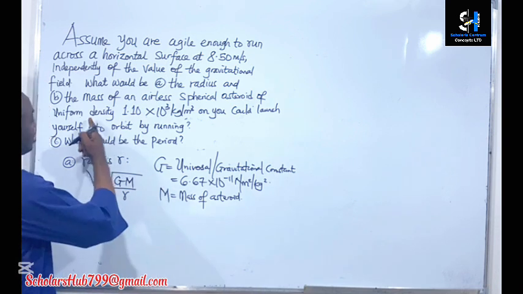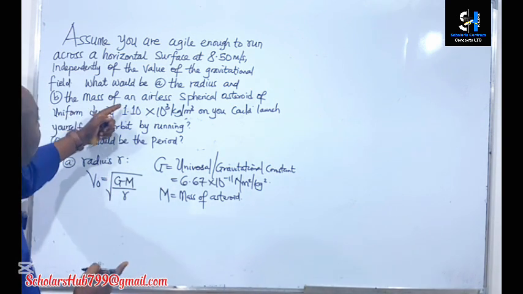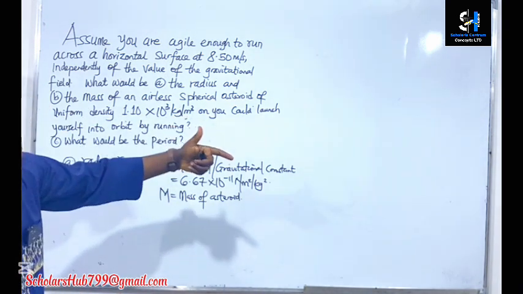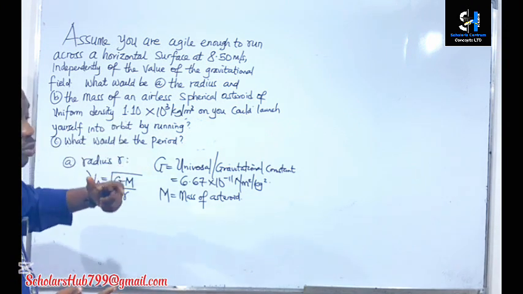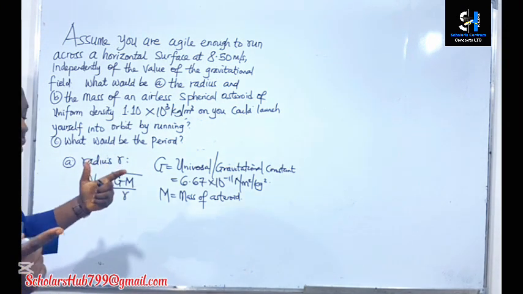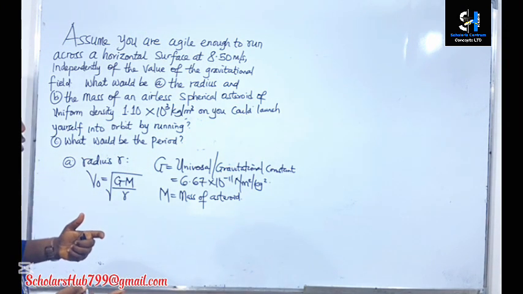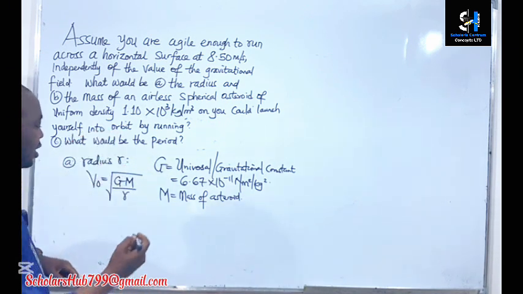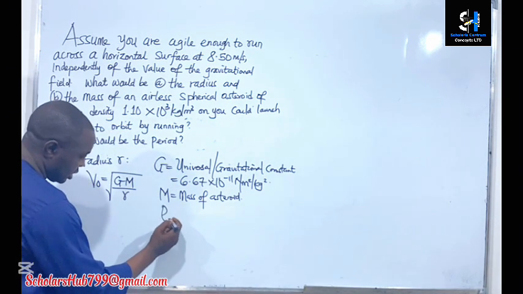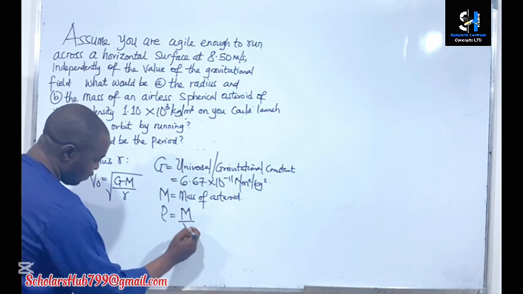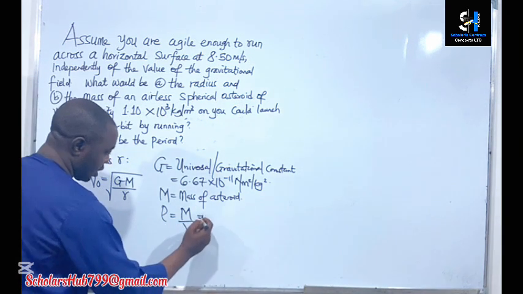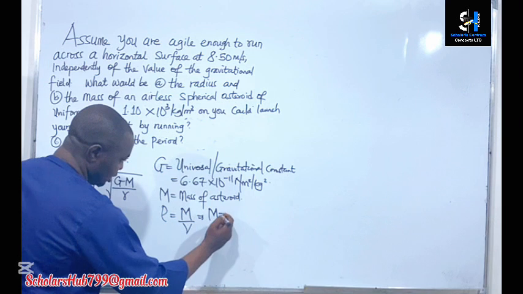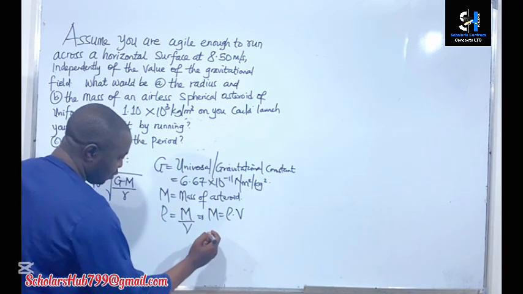But let's not forget that we are given that the asteroid is spherical with uniform density 1.10 times 10 to the power of 3 kilograms per cubic meter. Because we know that density is mass over volume, we can say that mass is density times volume.